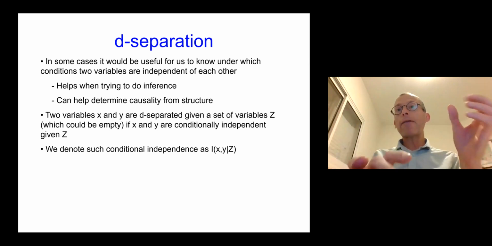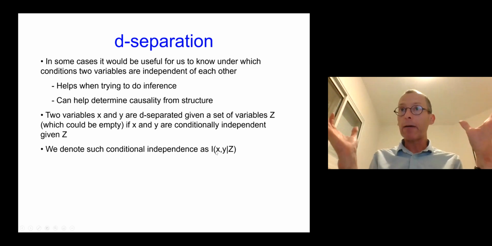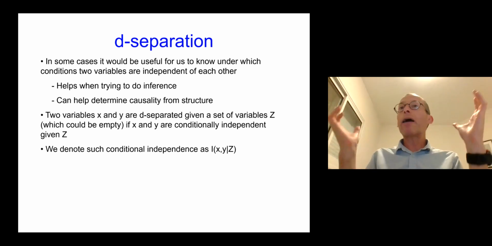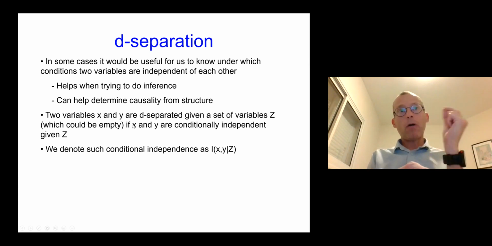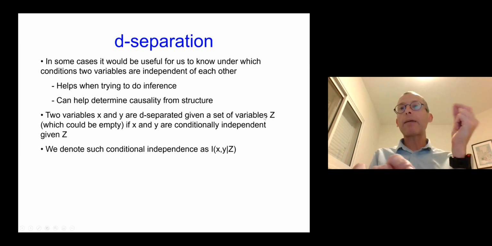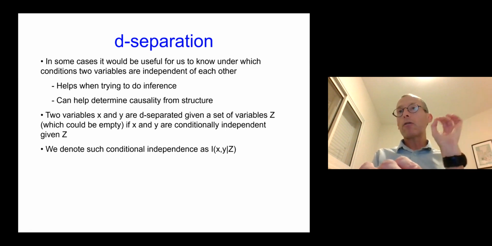Okay. So we can have Z as an empty set, which means that X and Y are independent if we don't know anything. Or Z could be some other variables in the network. So we say that X and Y are d-separated given Z if they are conditionally independent given Z. Okay, so this is the definition.